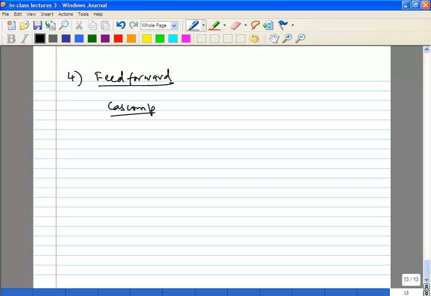this thing is called the CASCOMP. Don't ask me how they thought of these names. It's probably something to do with cascode and computer or something, computing, but it's called CASCOMP.